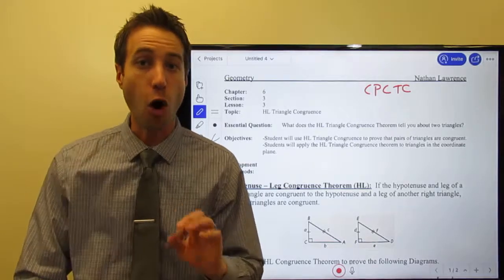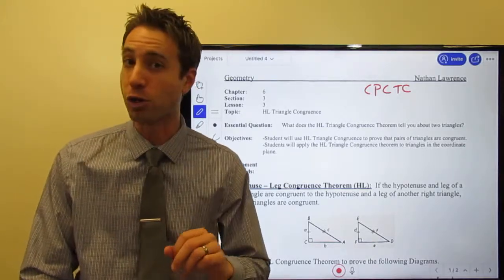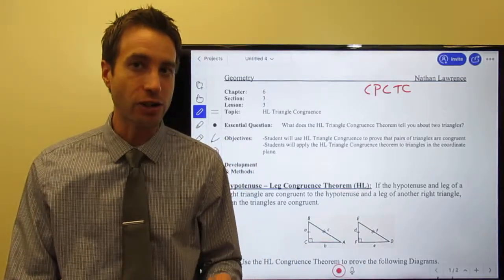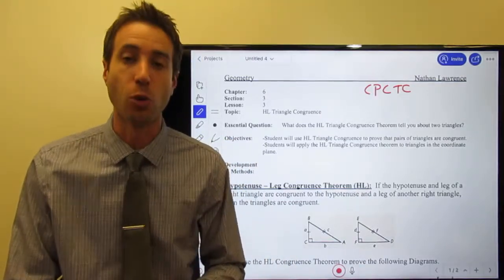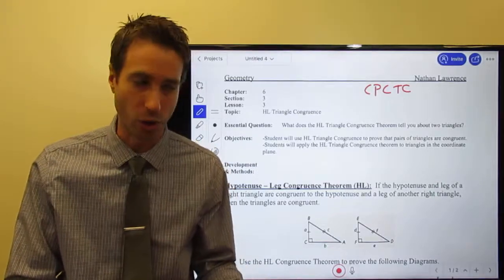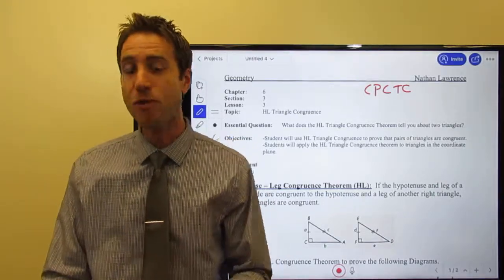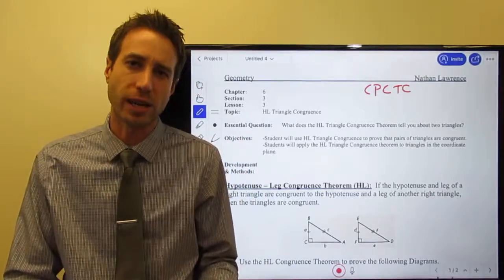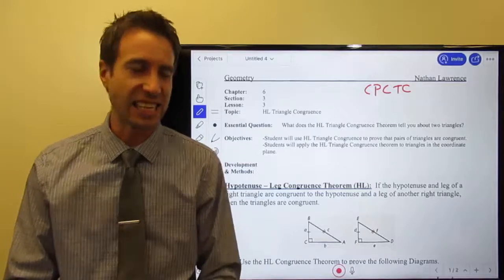We had to prove that all 3 pairs of corresponding sides were congruent, and all 3 pairs of corresponding angles were congruent. And it was a ton of work. Way too much work. So what we were looking at over the last few sections is shortcuts, so that we don't have to prove 6 things.